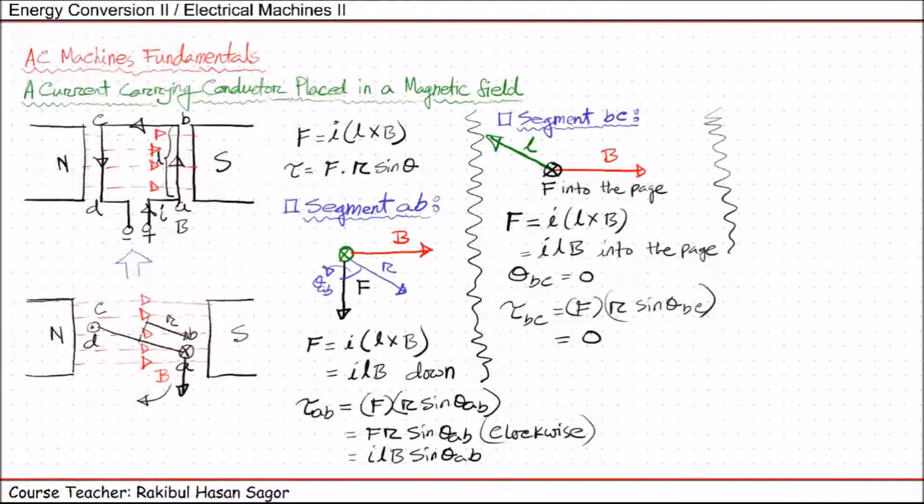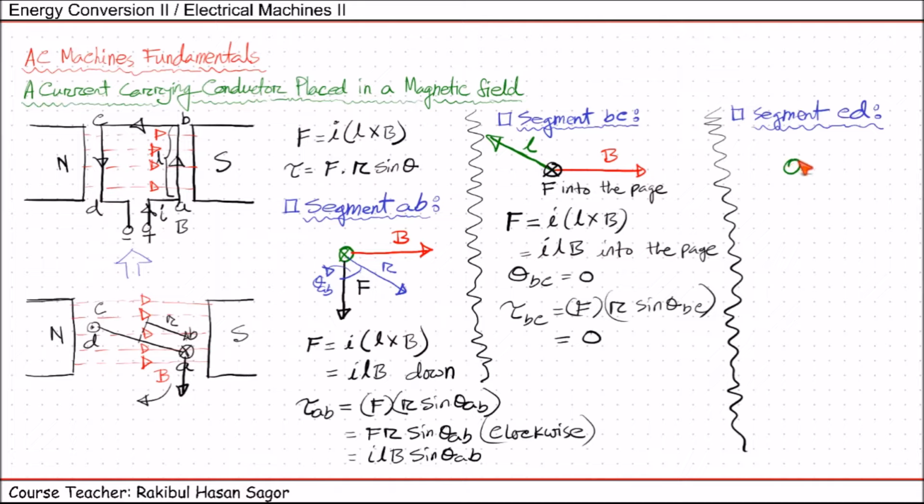Similarly, for segment CD, the segment CD will have the opposite conditions of segment AB, where the current is coming out and the field is towards the right.